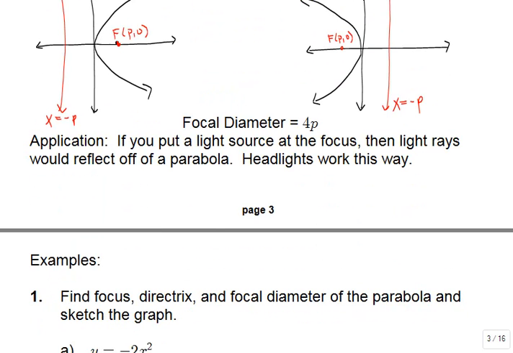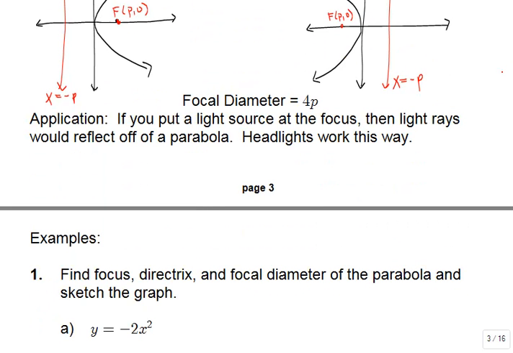Now you might be saying, well, why do we need to learn a whole new approach to parabolas? And the reason why is because this idea of the focus is very important. It has a lot of applications in science and engineering. And one very important application that I'm sure you use every day is the headlights in your car. Imagine your headlight. These are shaped like parabolas, and the light source of the headlight is located at the focus of this parabola, if you can imagine sort of a coordinate system right here.